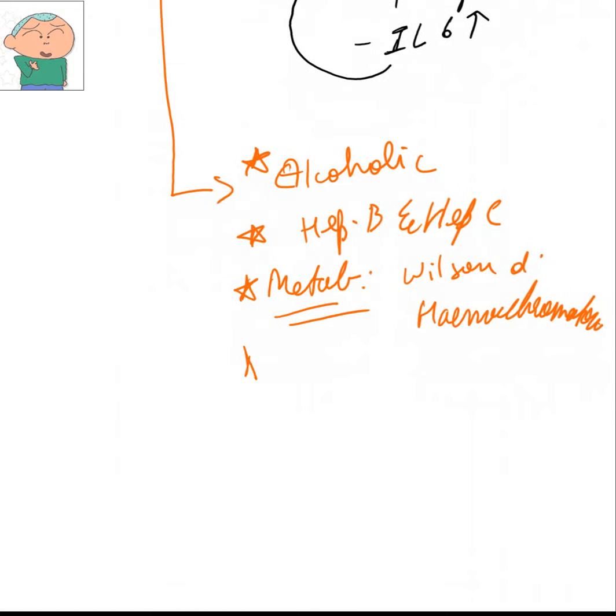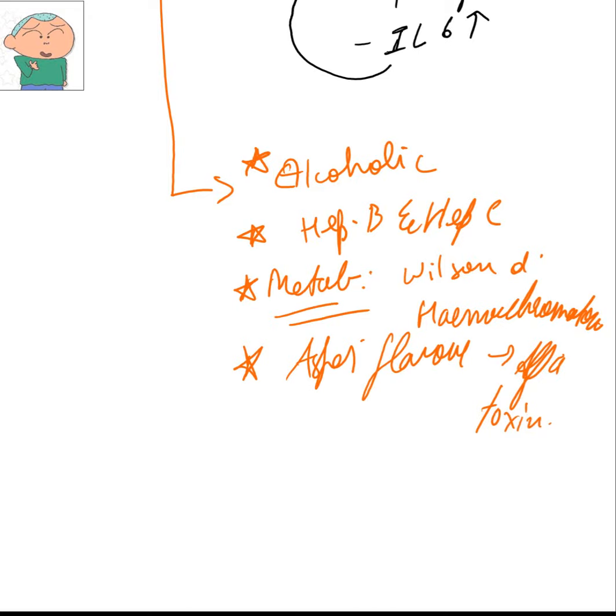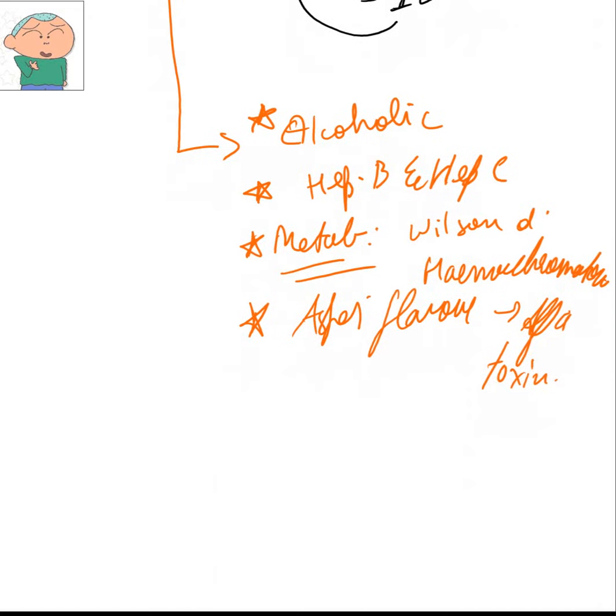Then we have certain poisonous substances secreted by the fungus Aspergillus flavus. We have aflatoxin. This toxin is a risk factor for the development of hepatocellular carcinoma. And chronic hepatitis I already mentioned. So these are all the risk factors for the development of hepatocellular carcinoma.